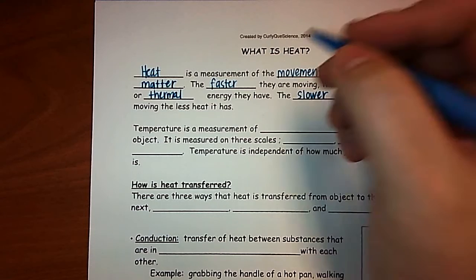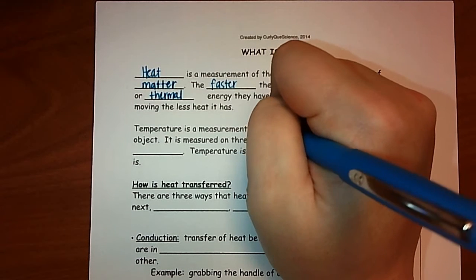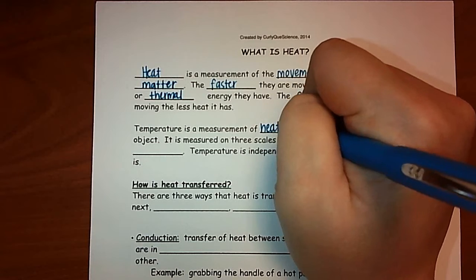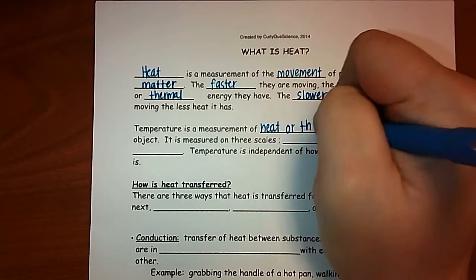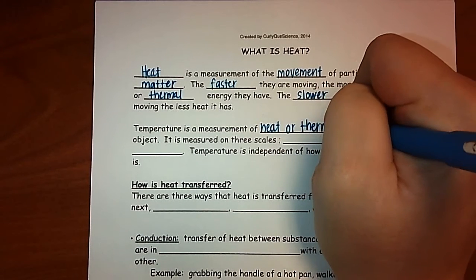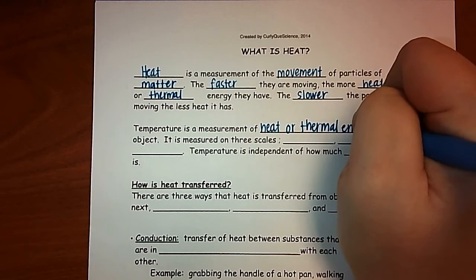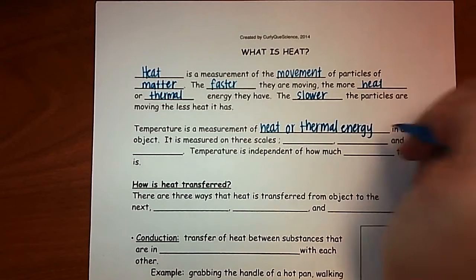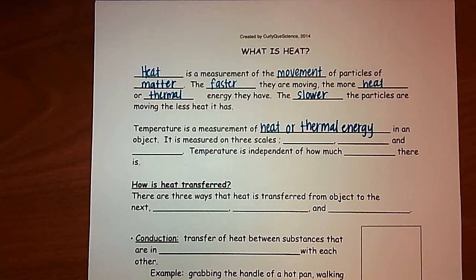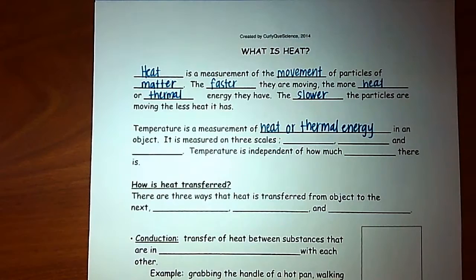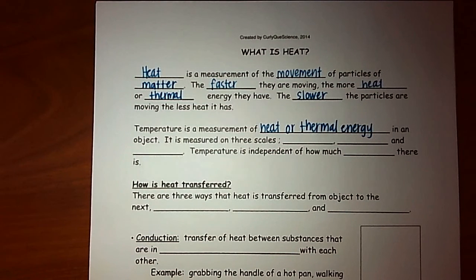Temperature is a measurement of heat or thermal energy in an object. There are 3 ways to measure temperature. It is measured in the United States using Fahrenheit.